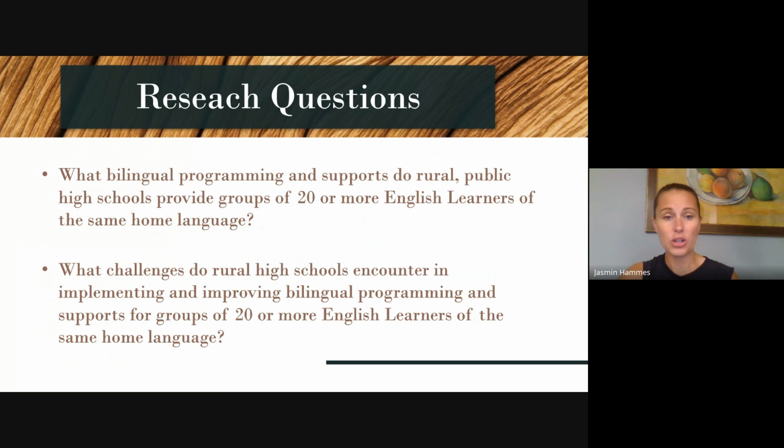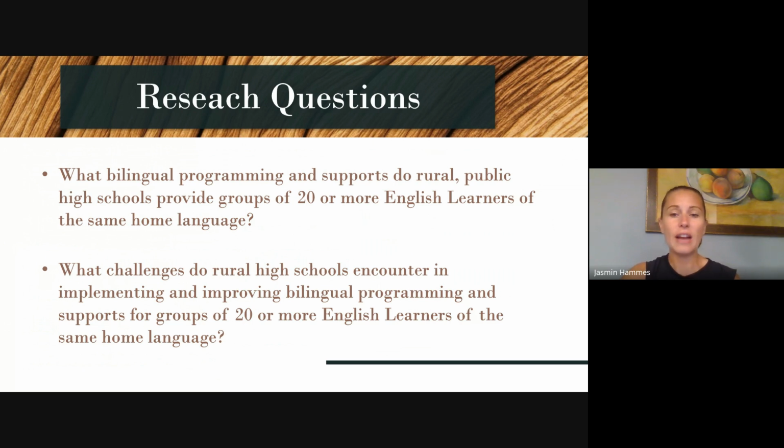So my research questions. First, what bilingual programming and supports do rural public high schools provide groups of 20 or more English learners of the same home language? I chose to focus on high schools that have 20 or more students of the same home language because per Wisconsin DPI requirements, those high schools are required by state statute to provide bilingual instruction.